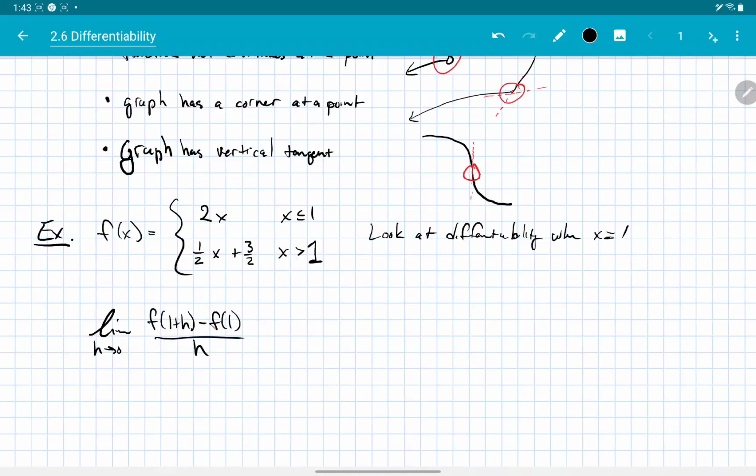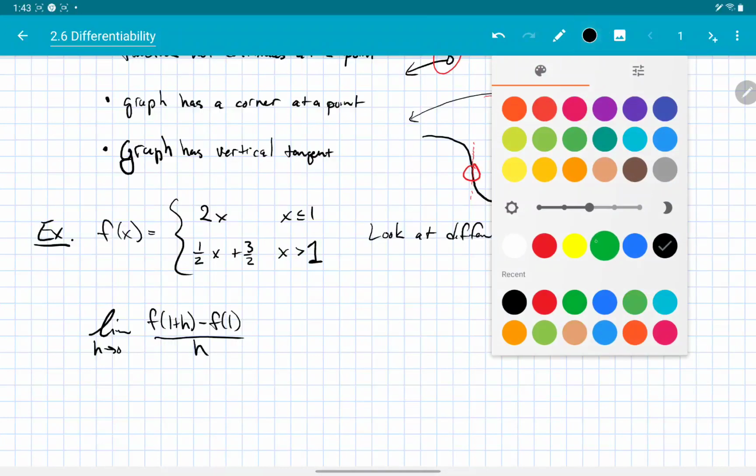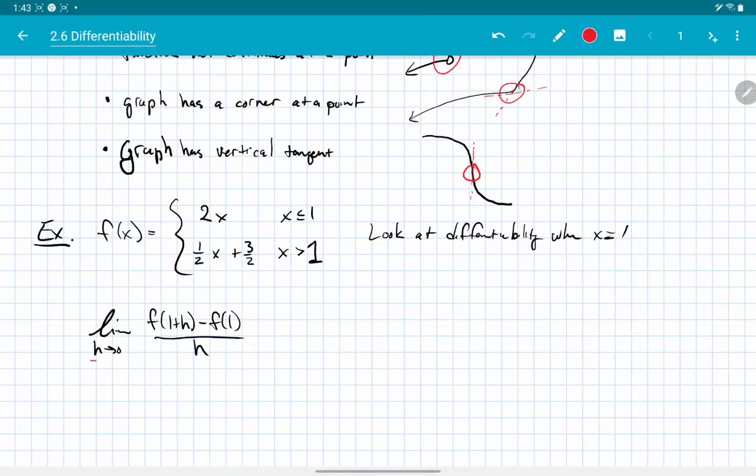The issue, which is slightly subtle, is that this limit is as h goes to 0. That includes both positive h and negative h going to 0. Limits are two-sided. But when h is positive, that would mean we would be using this version of the function for when x is bigger than 1.